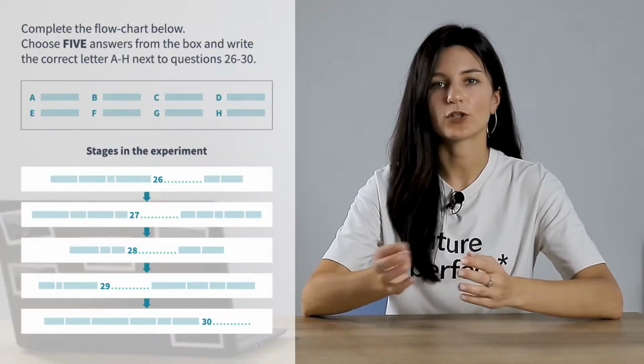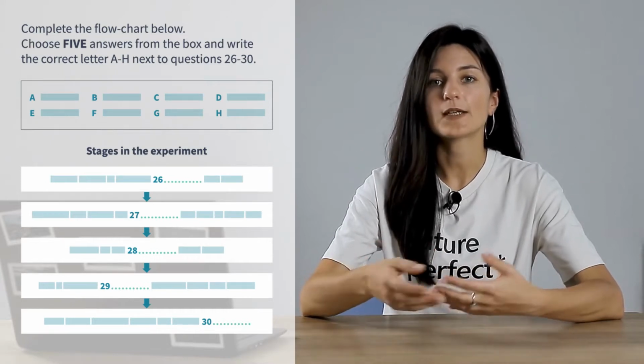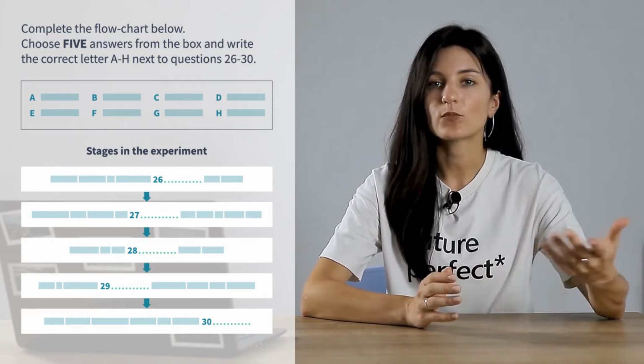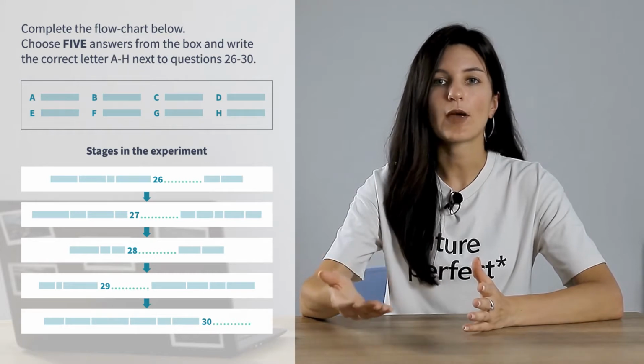Let's now briefly discuss one more type of listening questions where you have to work with the visual flowcharts. Flowcharts show steps or stages in different processes. For instance, how a film is produced or how a study or a scientific experiment are conducted. You also get gaps in the flowchart to complete and a list of options to choose from.